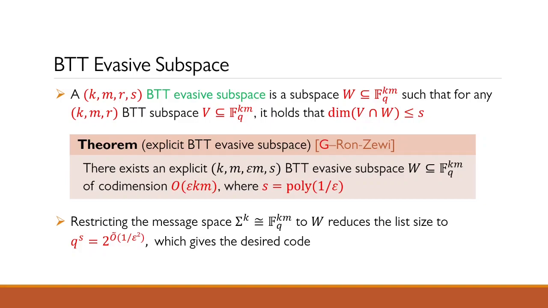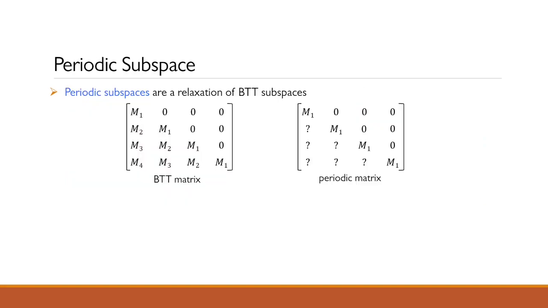And to explain our proof of this theorem, we need another notion called periodic subspaces. These are a relaxation of BTT subspaces. Recall that BTT subspaces are images of linear maps represented by BTT matrices. Similarly, we define periodic subspaces as the image of linear maps represented by periodic matrices, where a periodic matrix is a relaxation of a BTT matrix.